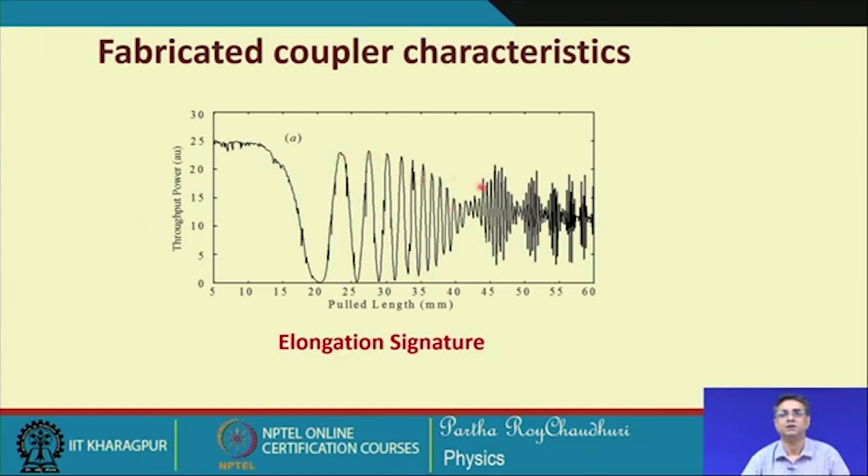This is because of the polarization nature, because when the two fibers are fused together, if you look at the cross section, there is a form birefringence, a geometrical birefringence. Along one side the width is more, the other side the width is less, and because of that there is polarization interference beating, and these are the modulations. Also, when the fiber is pulled, it becomes thinner and thinner, and as a result the periodicity becomes very close.